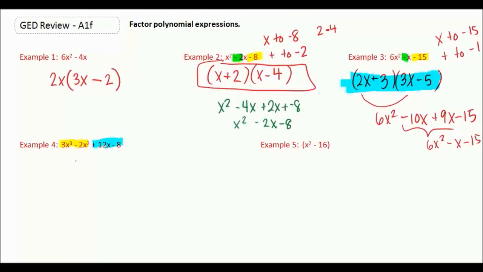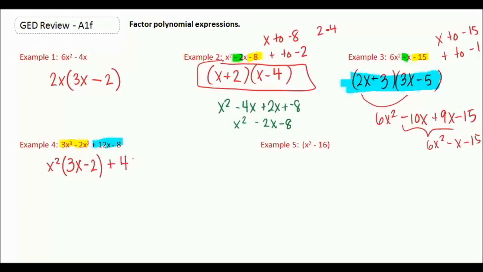Looking at 3x cubed minus 2x squared, I could actually pull out an x squared. That would mean that I'd have an extra 3 and an extra x, and then over here I'd have an extra 2. Now looking at my blue set, I have 12x minus 8.